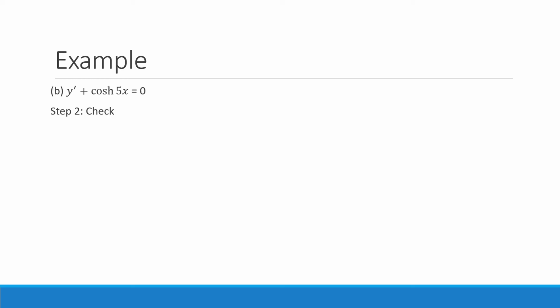Now let's check to make sure that this solution works for this equation. If we choose our y to be negative hyperbolic sine of 5x divided by 5 plus some constant of integration, then we take the derivative of that, we get negative hyperbolic cosine of 5x.